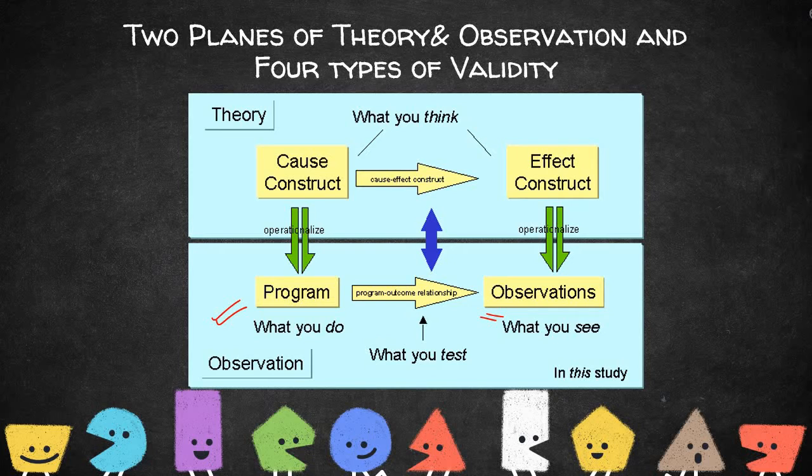Whenever we do research, we normally deal with 2 planes of reality. One is called the plane of observation and another one is the plane of theory. Normally, the 2 validities, conclusion and internal, belong to the plane of observation, whereas construct validity belongs to both the planes, because, as you can see by this arrow, it is two-way.